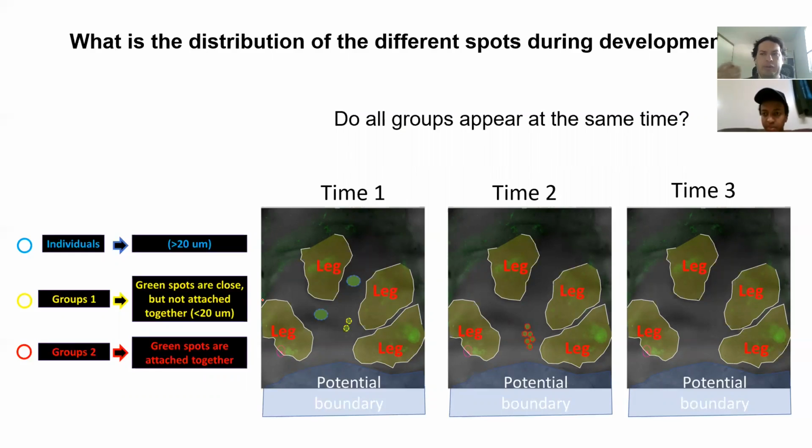I think it will help in the beginning, and it will give us a better understanding of what is happening. Okay, so you will go through time and try to identify these 3 groups.